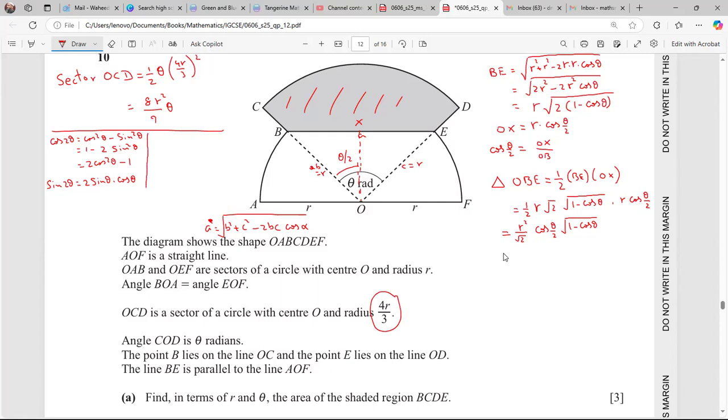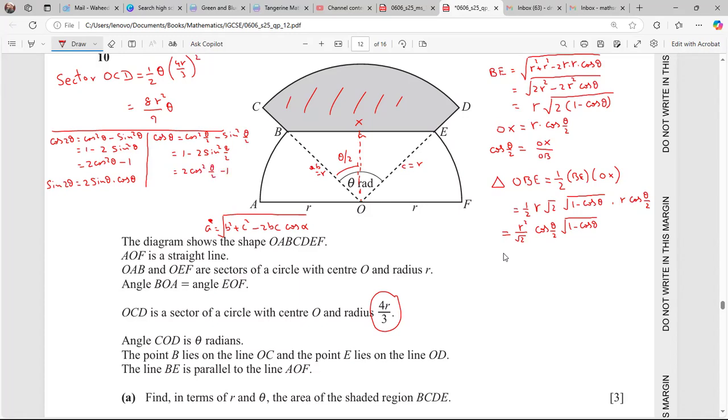Now I want to modify these formulas. If I replace 2 theta by theta, it becomes cos theta equals cos square theta by 2 minus sine square theta by 2, or 1 minus 2 sine square theta by 2, or 2 cos square theta by 2 minus 1.